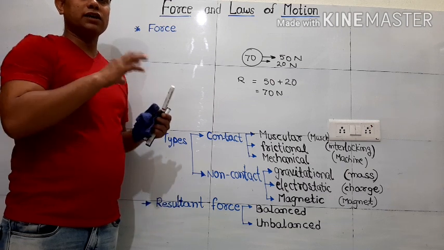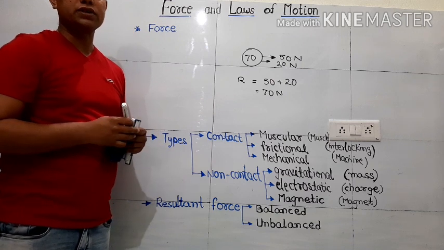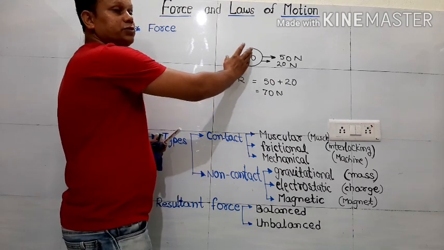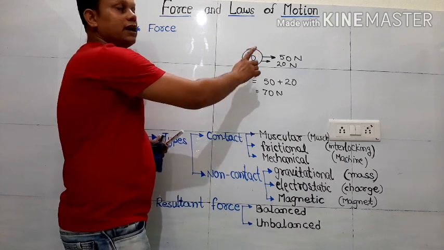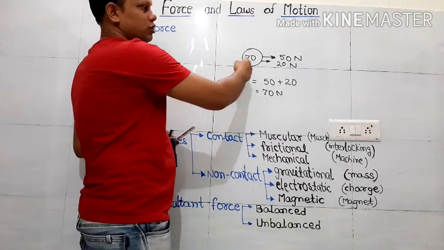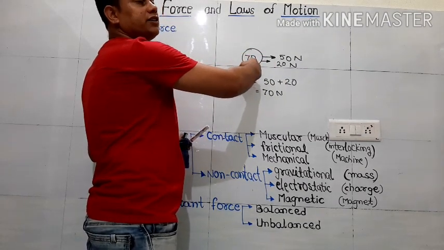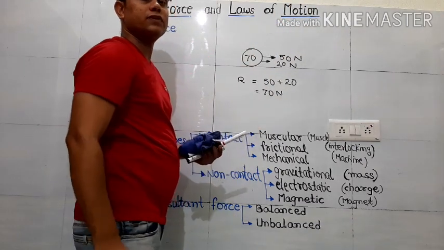So finally they get added, and a value of 70 Newton is produced on the object. Obviously both forces have this direction, so with the value of 70 Newton, the object will be dragged and come into motion in this direction.